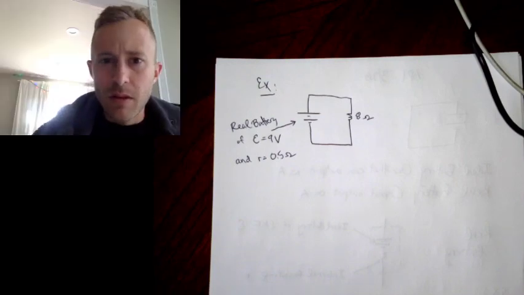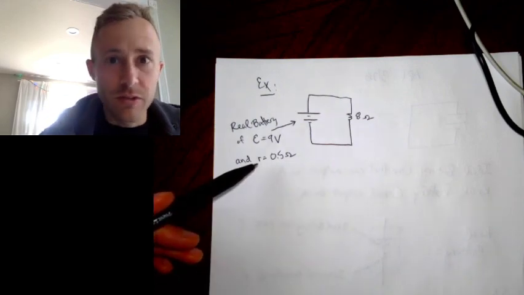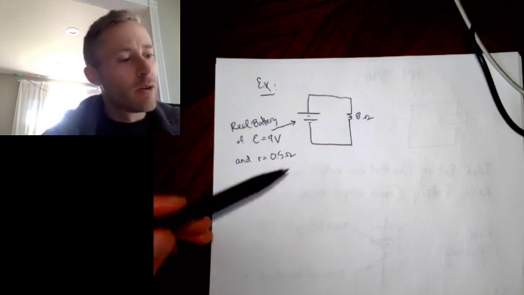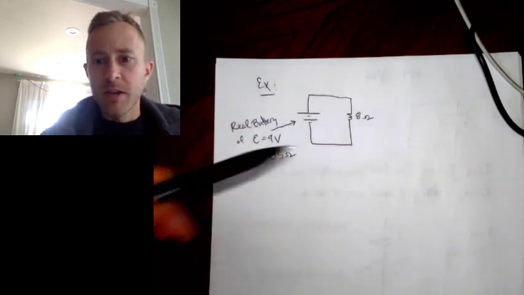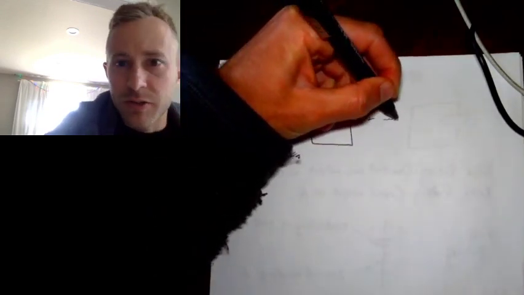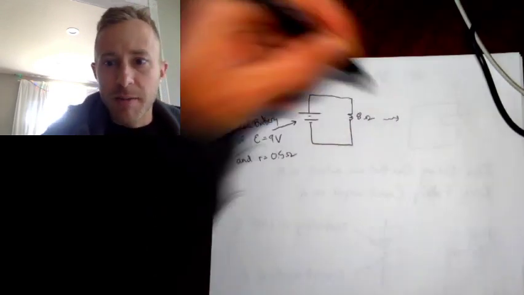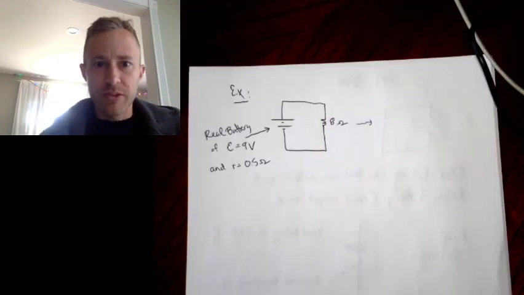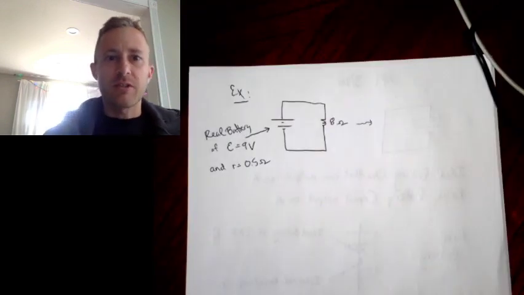So we have the real battery of EMF 9 volts and internal resistance 0.5 ohms. We hook it up to an 8 ohm resistor. So what I'm going to do is redraw the circuit, but this time I'm going to draw the internal resistance explicitly. Okay?